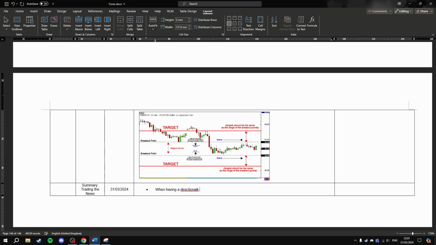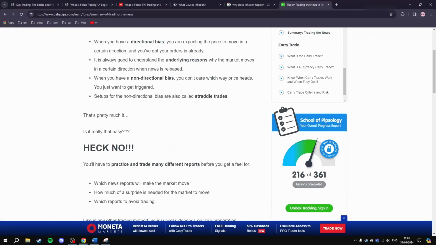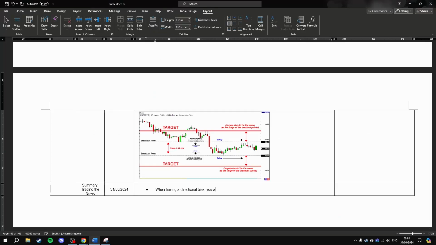When having a directional bias, you are expecting the price to move in a certain direction, and you've got your orders in already.